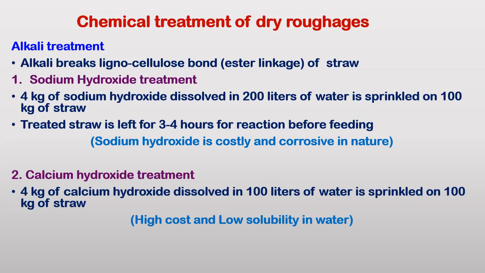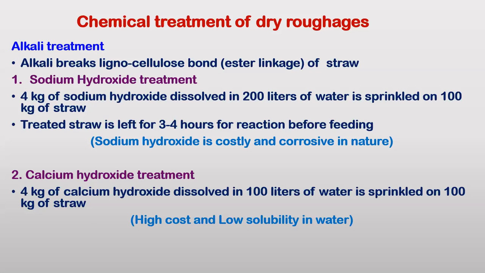So first is the sodium hydroxide treatment. We can use 4 kg of sodium hydroxide, dissolved in 200 liters of water, and sprinkle it on 100 kg of straw. So for 100 kg straw, 4 kg sodium hydroxide and 200 liters water will be required.